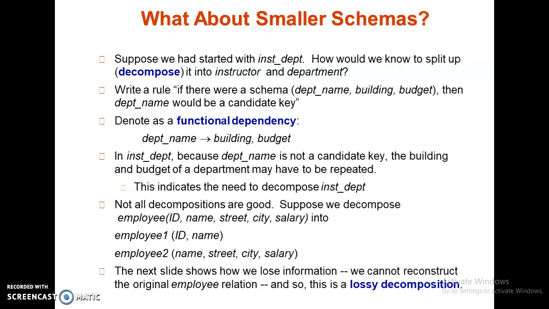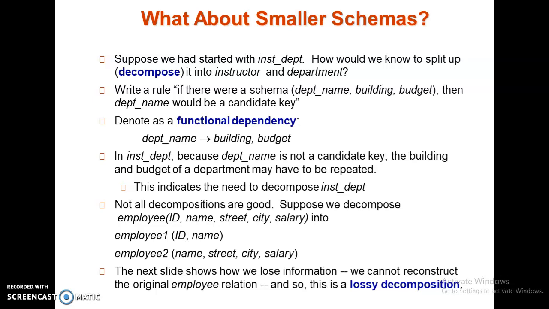And when you look at the instructor department table, because department name is not a candidate key, the building and budget of a department may have to be repeated. But this is going to be a candidate key in the department table. But this is not going to be a candidate key in the instructor department.